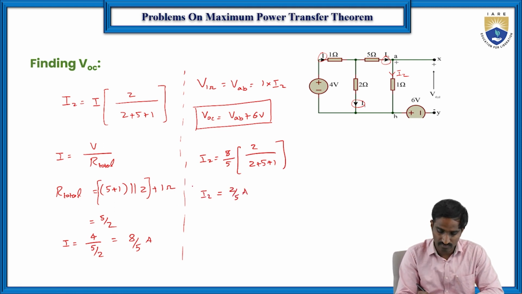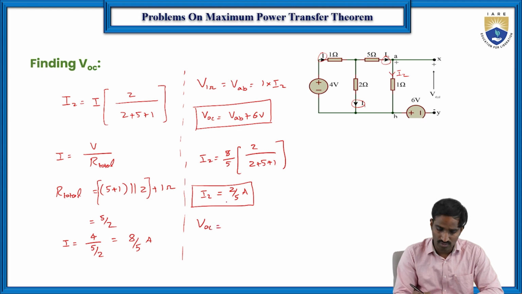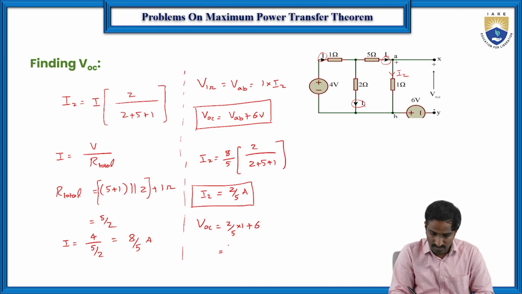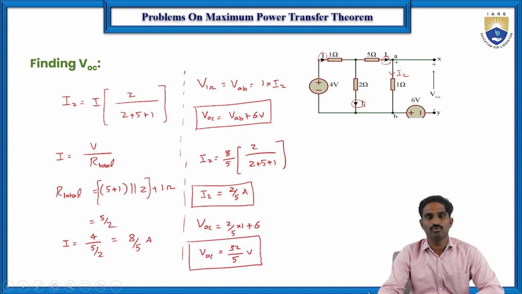Then VOC is equal to VAB, so VAB is I2 into 1, which is 2 by 5 into 1, plus the 6 volts. So VOC is equal to 32 by 5, because 5 into 6 is 30, 30 plus 2 is 32 by 5 volts. This is VOC.